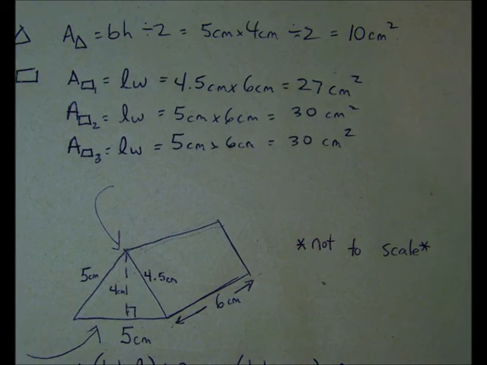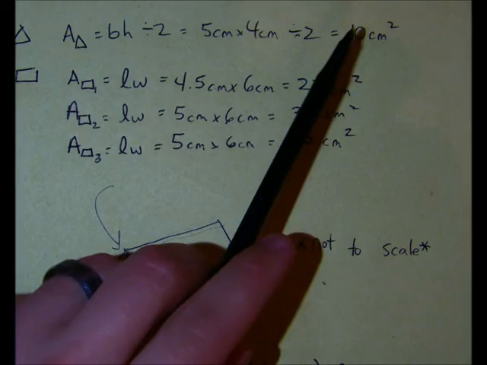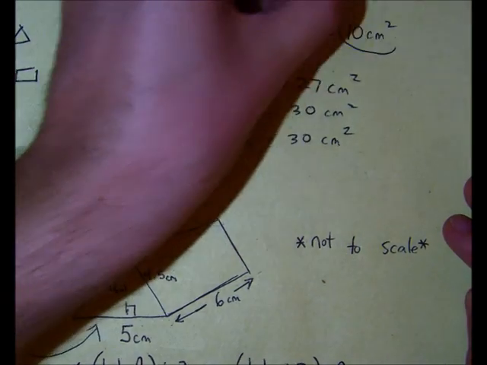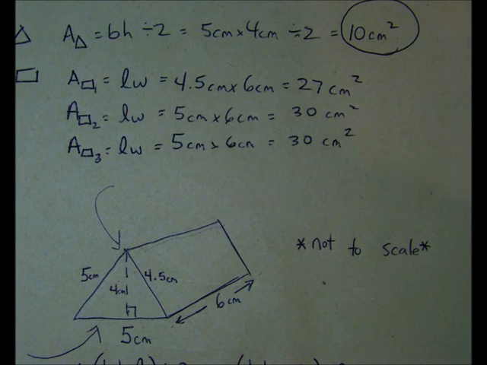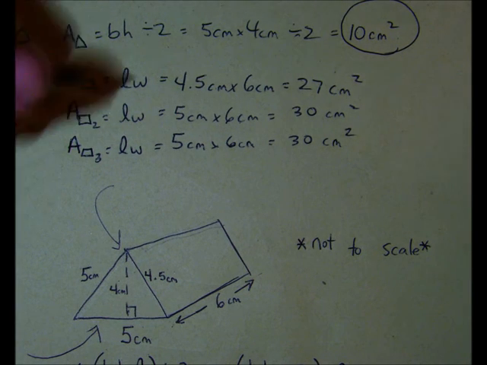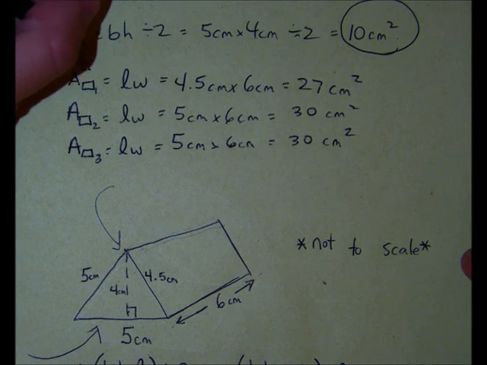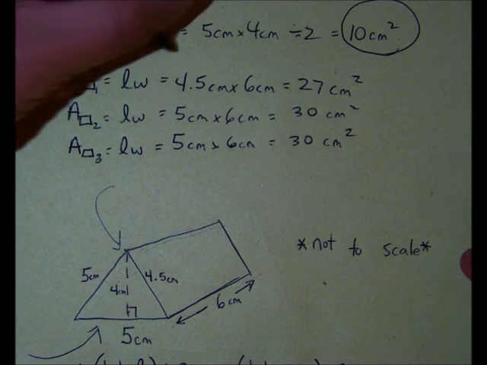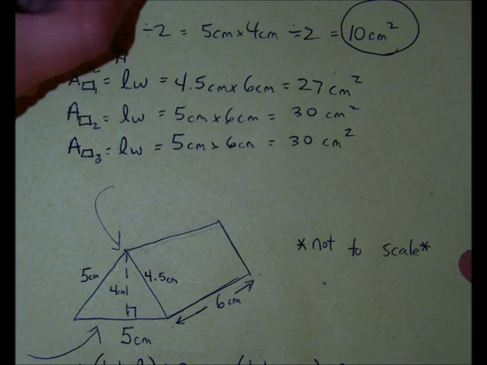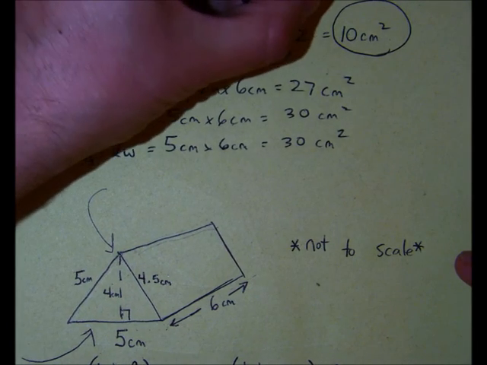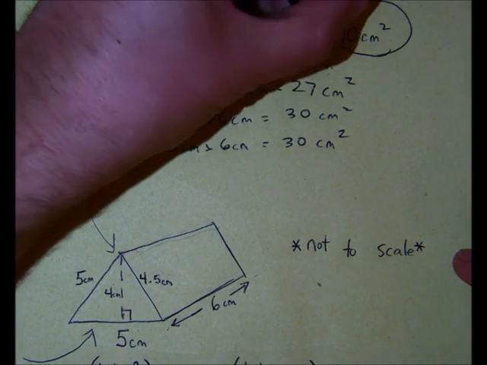Now, just like surface area of a rectangular prism, you add up all the areas of all the faces. Please note that this area right here is only one of the two triangles. So we have to have triangle 2. The area of triangle 2 equals the area of triangle 1, so that equals 10 square centimeters too.